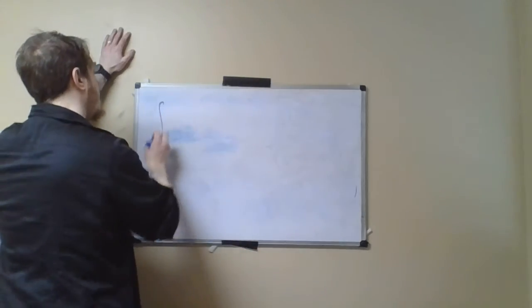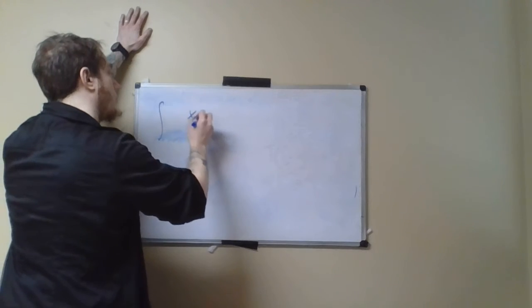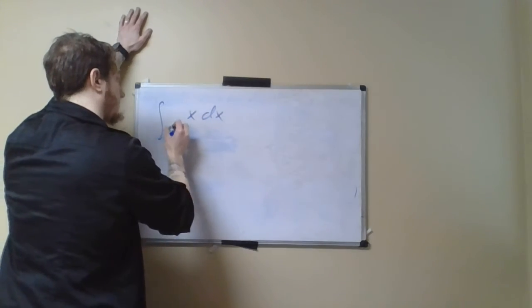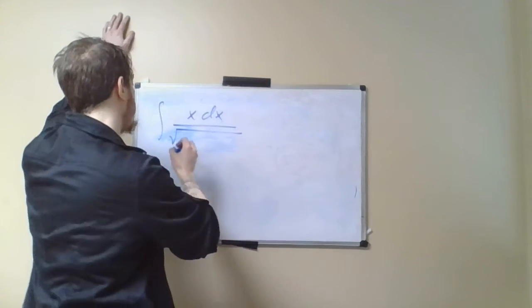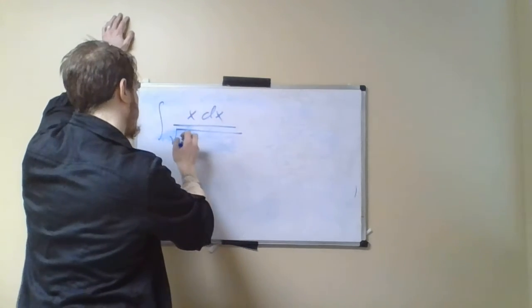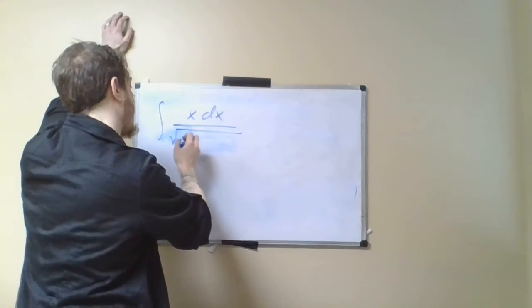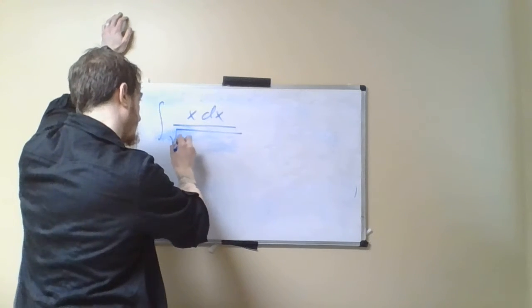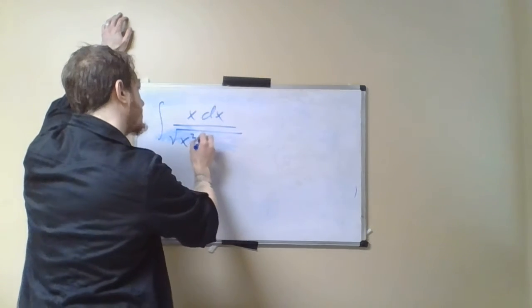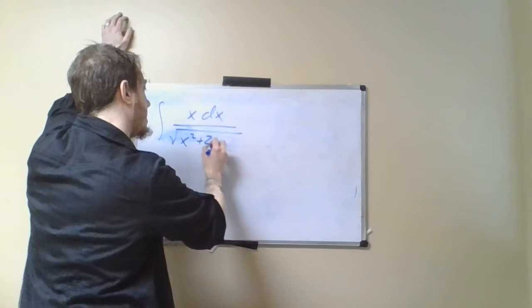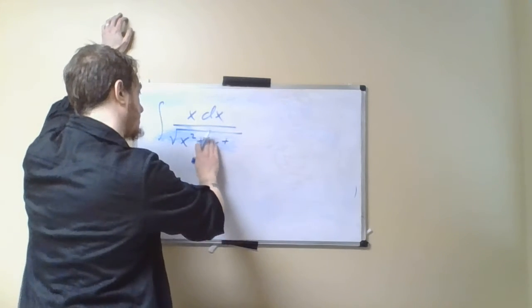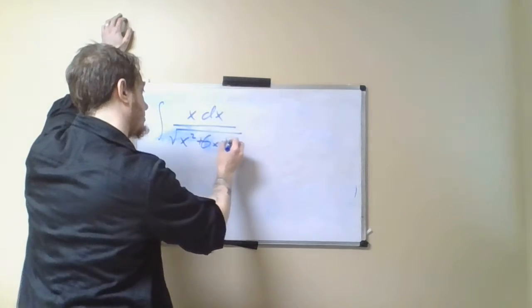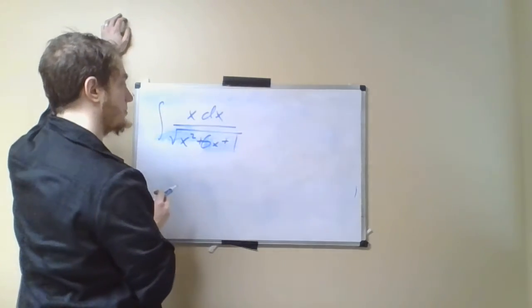Let's suppose, just for the sake of example, that I had something like the integral of x dx divided by the square root of, what do we want to put down here? Let's suppose that I have x squared plus 3x. Actually, let's do 6x just because that'll be easier to illustrate what's going on. 6x plus 1.